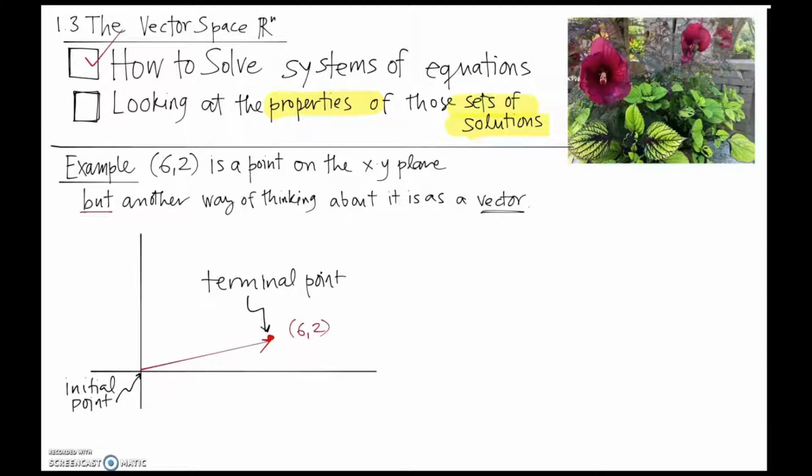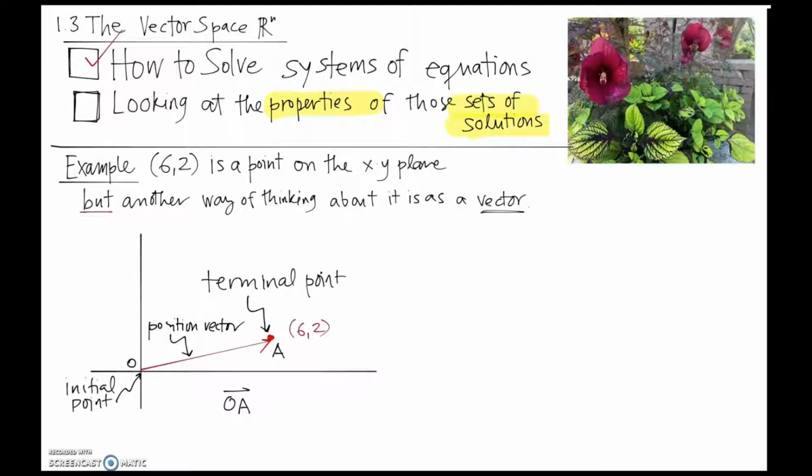And this whole thing is called the position vector. Say that we call the point 6, 2 A, and the origin we'll call O. Then we could write the vector as OA, and often we'll put a little half of an arrow on top to indicate that it's a vector.